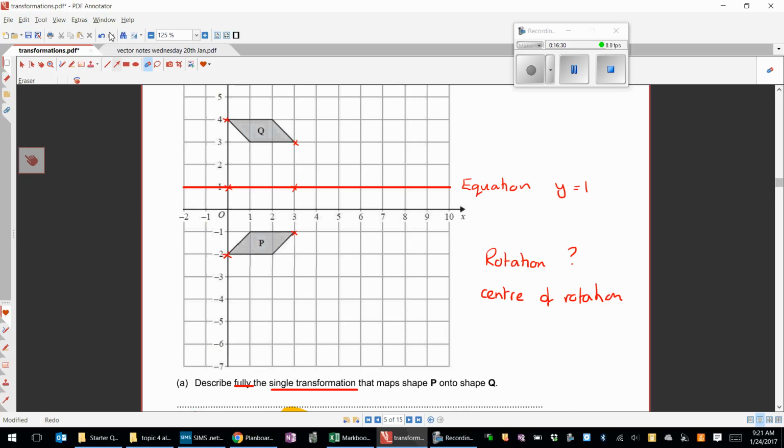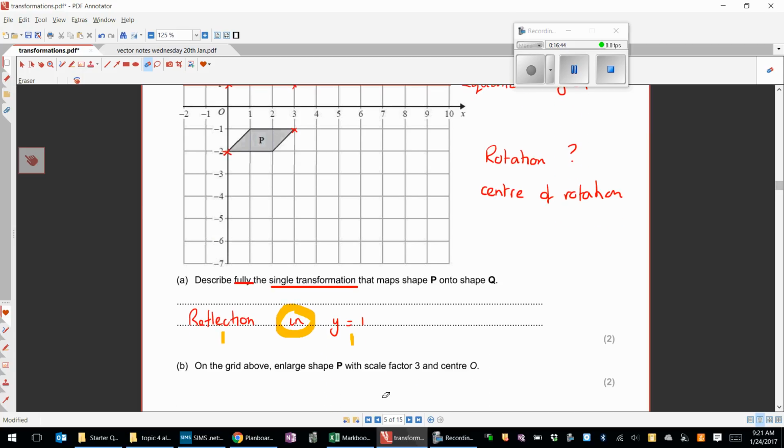So if you can see, it says, on the grid above, enlarge shape P with a scale factor of 3, centre O. So, again, enlarge, so you should be making note of this just in case you've got to describe. Enlarge with a scale factor of 3 and centre O. Now, do you know what those things mean? No. What does centre O mean? Put a dot on zero. Put your dot on the origin. So that is the centre of enlargement.